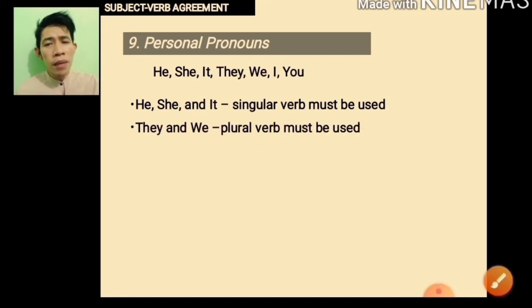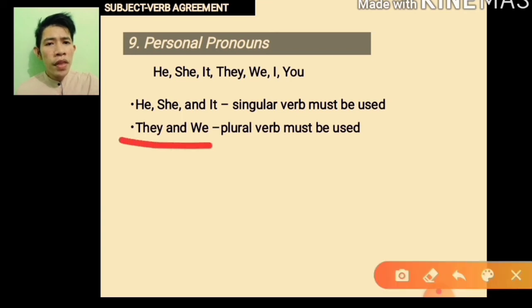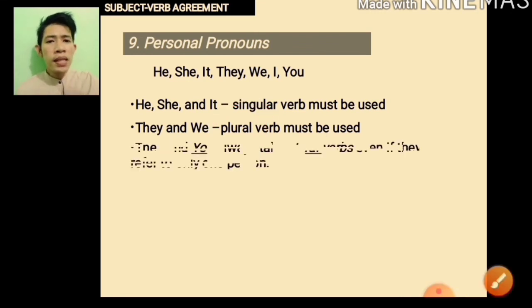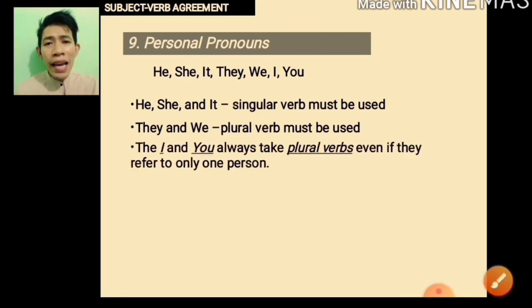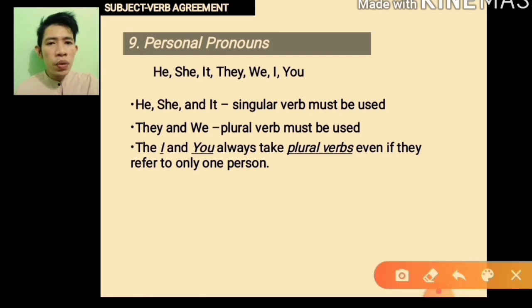Unlike if the subject is they and we, the verb that we'll be using is plural. Okay? Next, kapag I and you daw, ang subject always take plural verbs kahit na they are referring to only one person. Again, kapag you and I, ang subject, ang verb na gagamitin is plural.